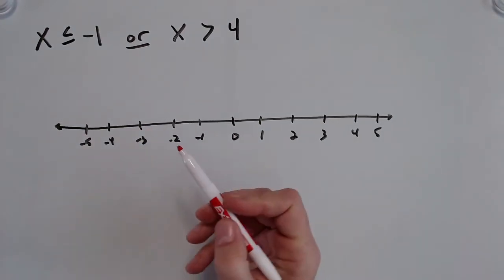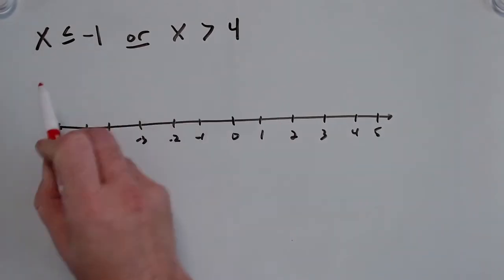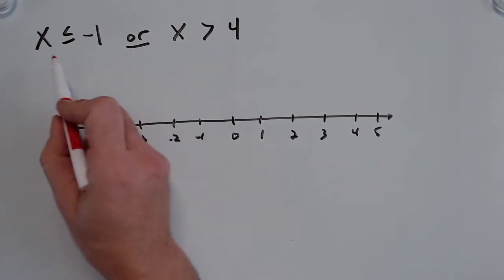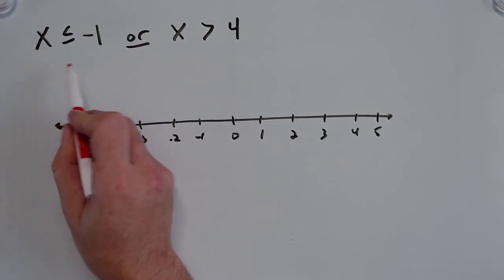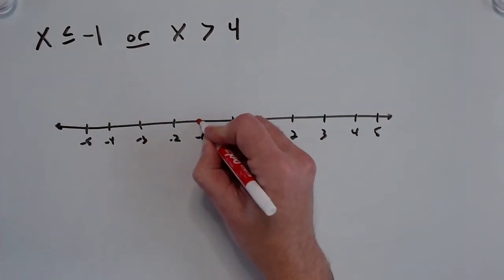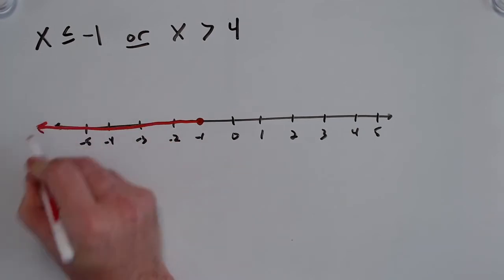So I'm going to use this red marker to show where the disjunction is, where either of these statements are true. Because we have an or, they don't both have to be true. So let's say x is less than or equal to negative 1. Because we have the equal sign, we put a full circle, and then we go less than forever.